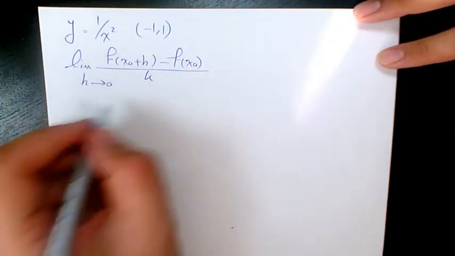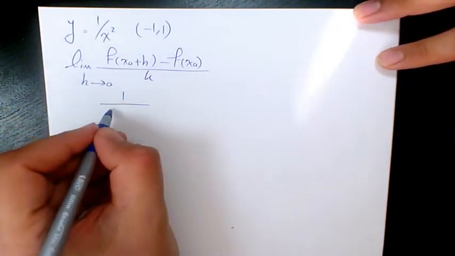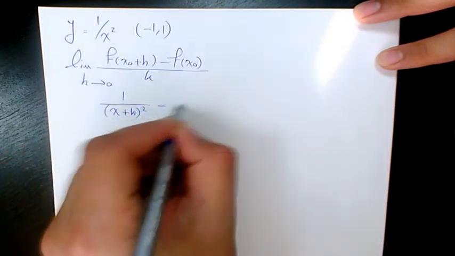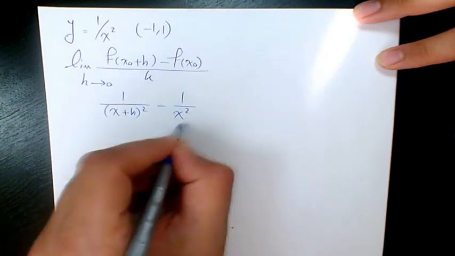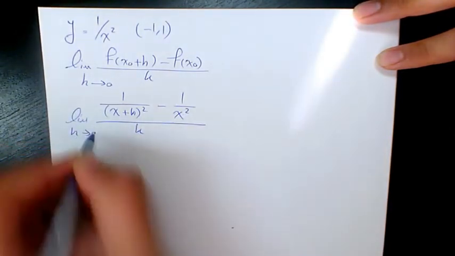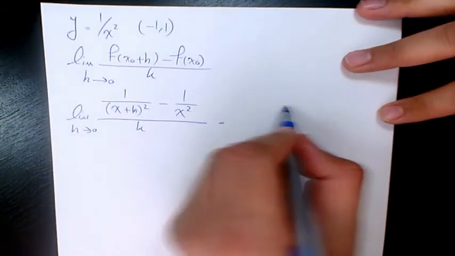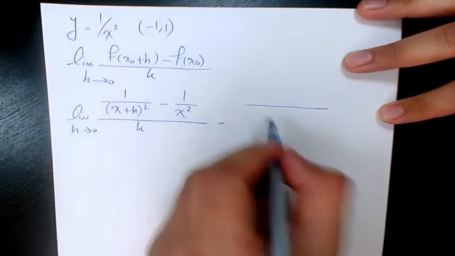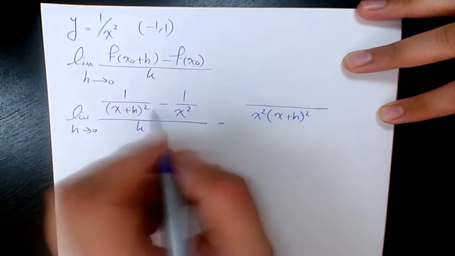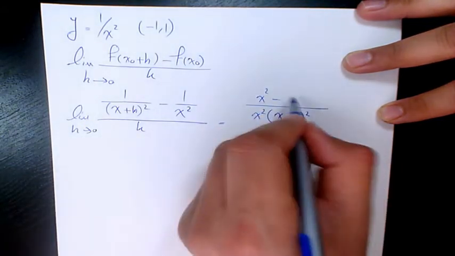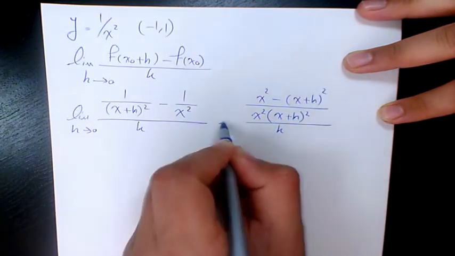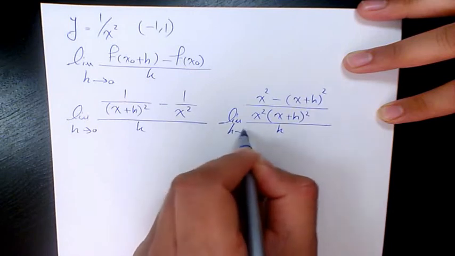So that's going to be 1 over x plus h squared minus 1 over x squared divided by h, limit when h approaches 0. Then we need to have the common denominator, x squared times x plus h squared. It's going to be x squared minus x plus h squared divided by h when limit of h approaches 0.